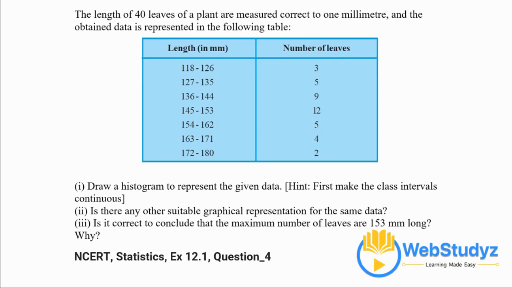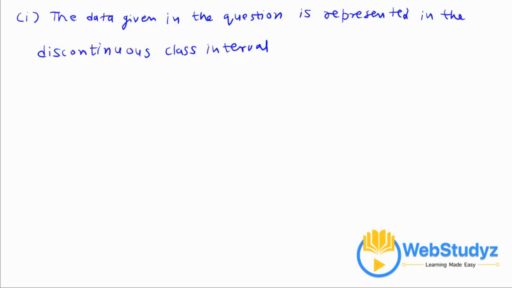It is a discontinuous class interval. So we have to make it in the continuous class interval.